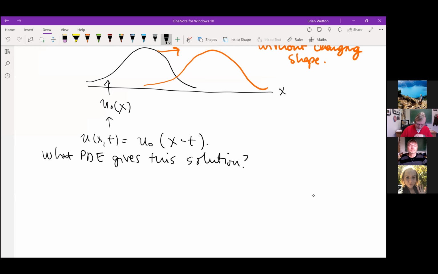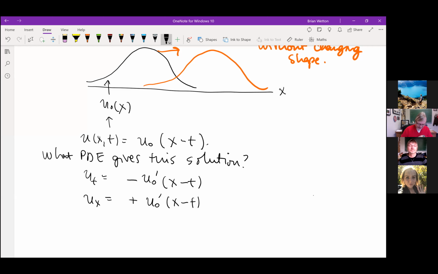And I can go, well, let's take some partial derivatives and see if we see a pattern. It won't be very long. I'll just have to take the derivative of the initial condition with respect to its argument. And then by the chain rule, I'll get a negative sign. And I can take the derivative with x, and I get a similar looking thing with a plus sign.